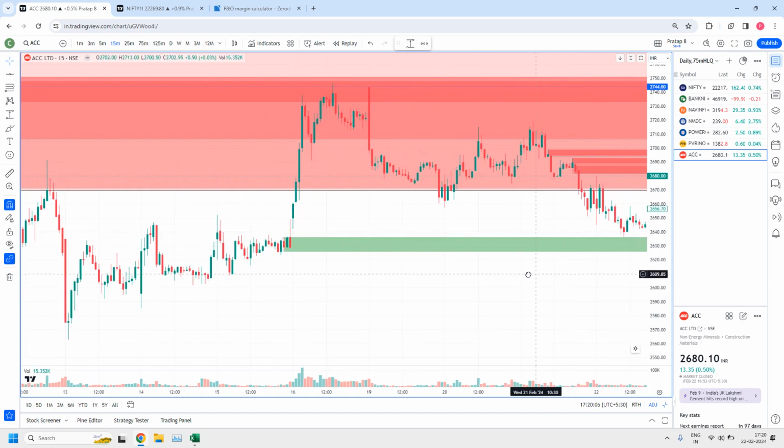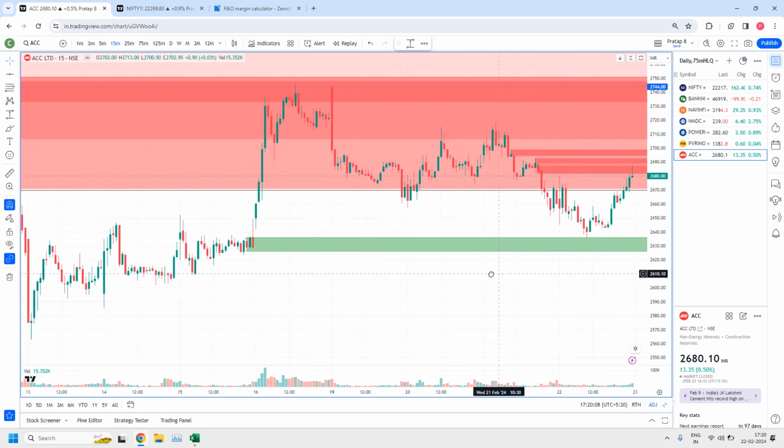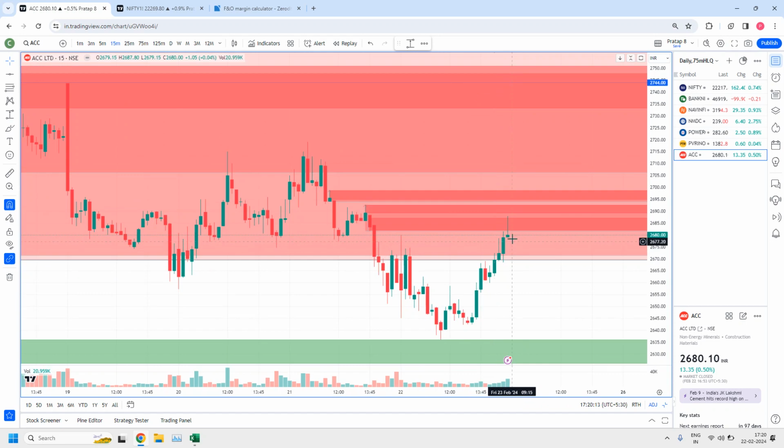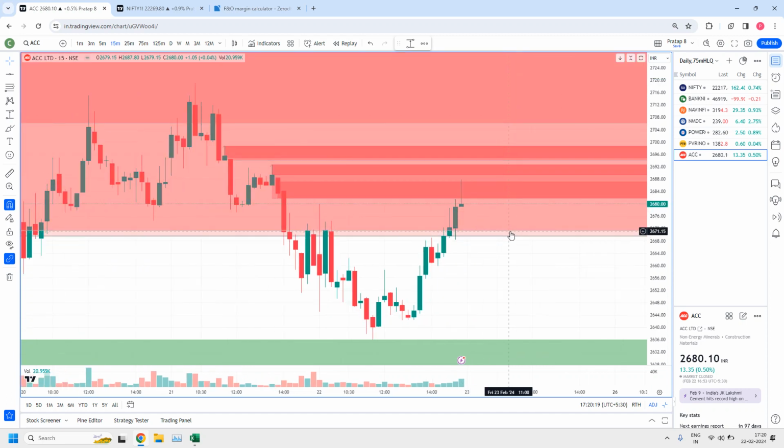Okay, now your question is, how to plan the trade? Finally, in the last 15 minutes, you know what happened? This zone is pierced. Why is it pierced? Because, see, actually this is a LOTL concept. You have a 5-minute zone, a small gap, another 5-minute zone within the 15 minutes area.